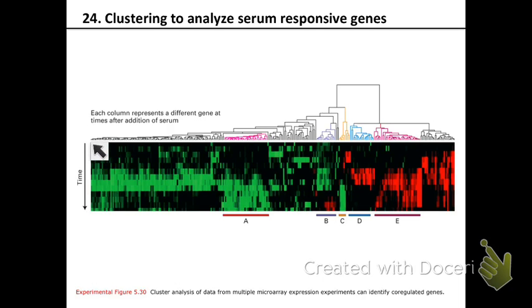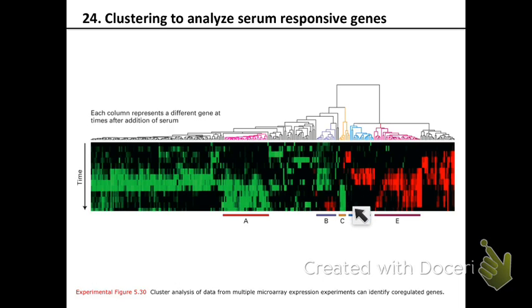So this is the beginning of the serum addition. This is the end of the serum addition. Now, all the genes are clustered, and that's the clustergram on top shown here. And what you can realize is that some group of genes respond to the serum addition similarly. So let's say, in group D, this is a group of genes that do not respond very much to serum addition very early, but then their expression goes up, right?